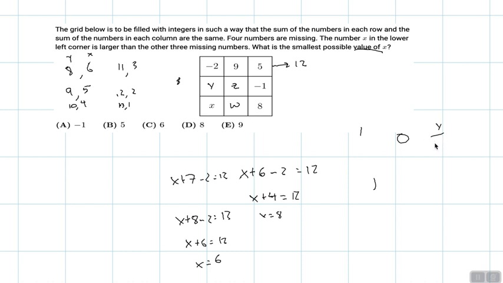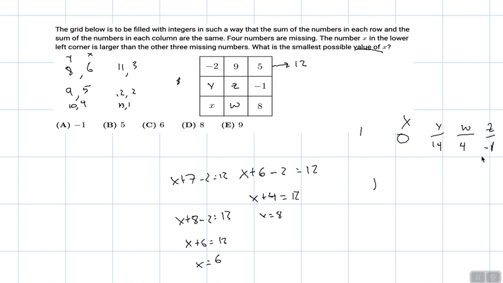So if x were 0, y would have to be 14, and w would have to be 4, and then therefore z would be -1.